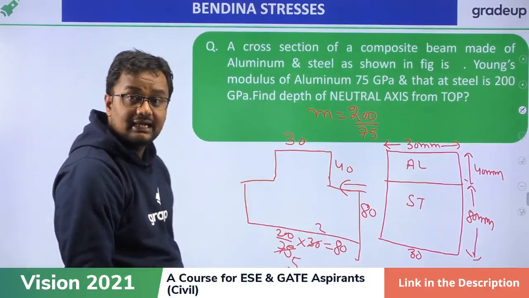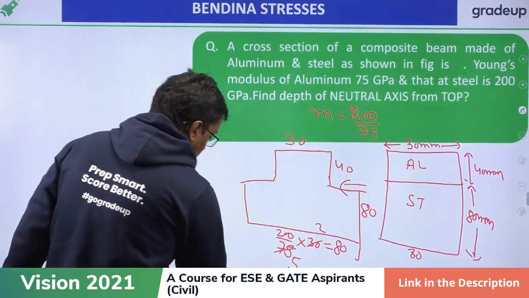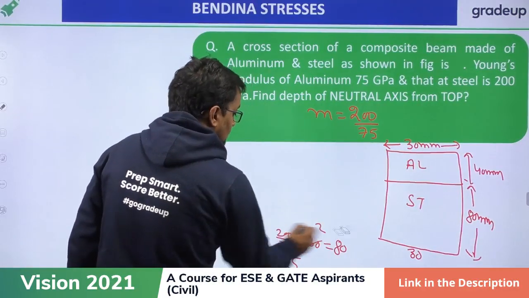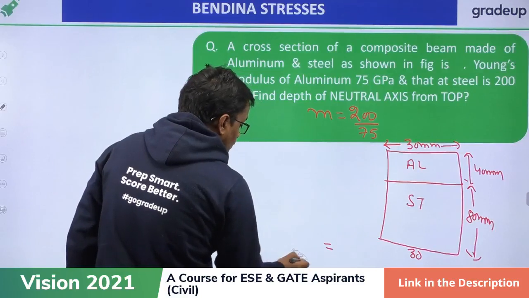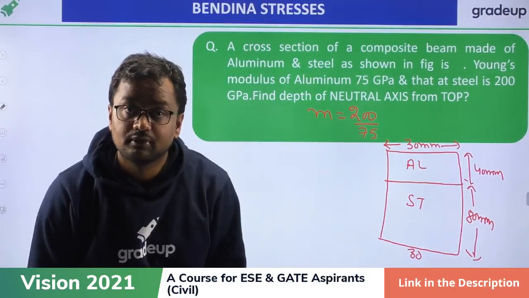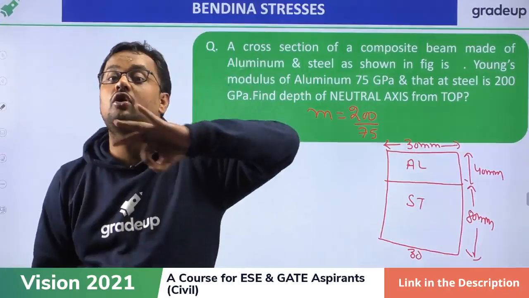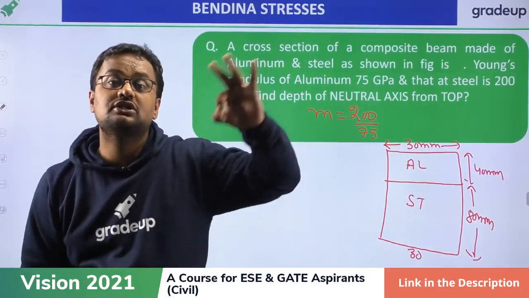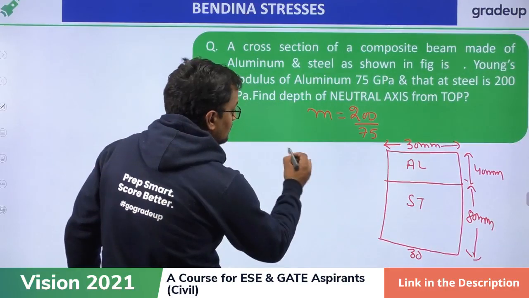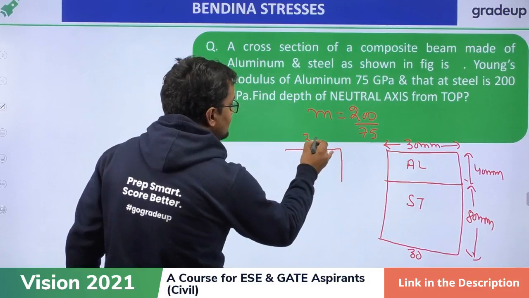Okay, my friends, I am again telling you the concept. Whenever you have to find out the neutral axis, you have to find neutral axis for homogeneous beam. For homogeneous beam, either it should be all of steel or it should all be of aluminium. Let me make it of aluminium. Then this aluminium 30 and 40 will remain as 30 and 40.